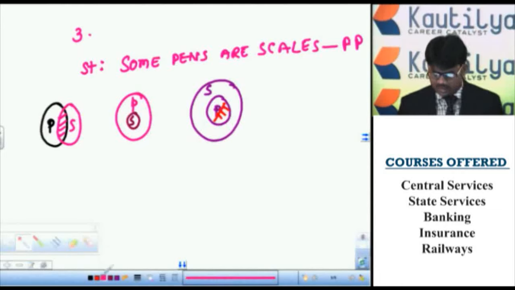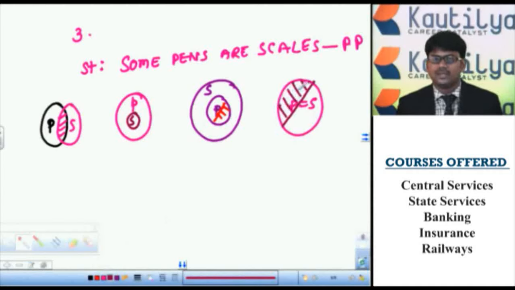The next representation is here: all pens are equal to scales, but the statement is some of the pens are scales. Then we have four representation diagrams for the given statement. First we have to check the all conclusion, no conclusion, and some not conclusion from the given statement.